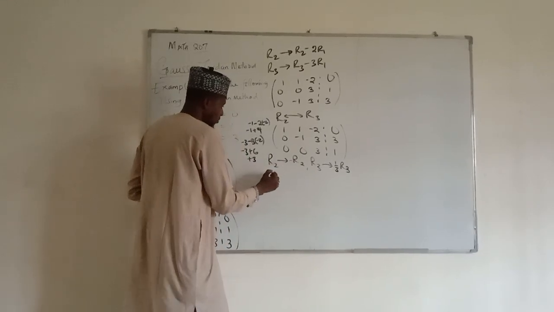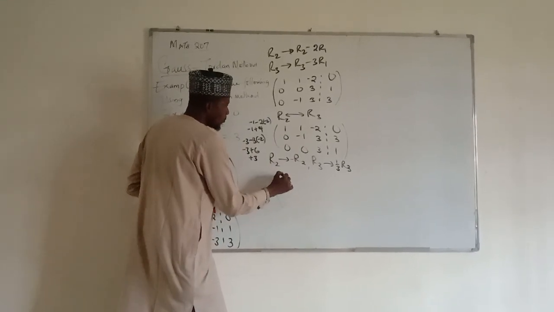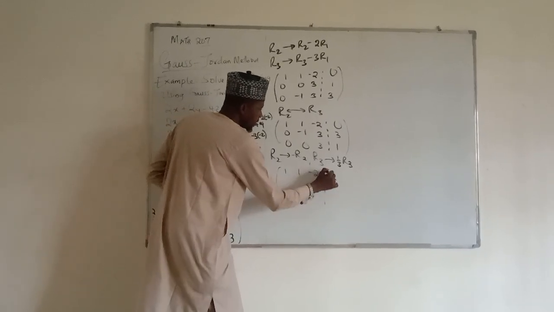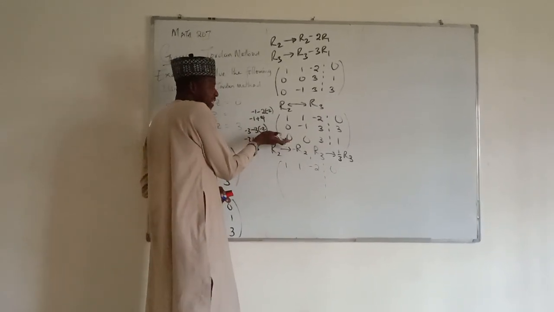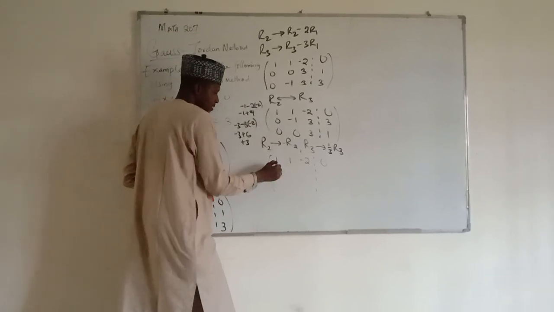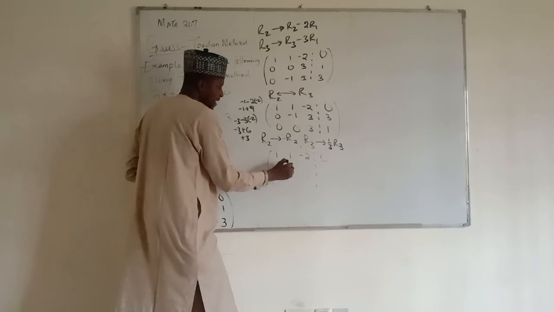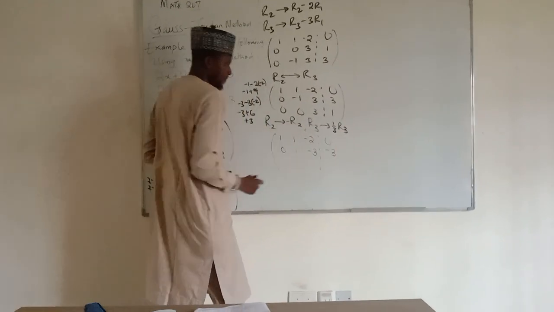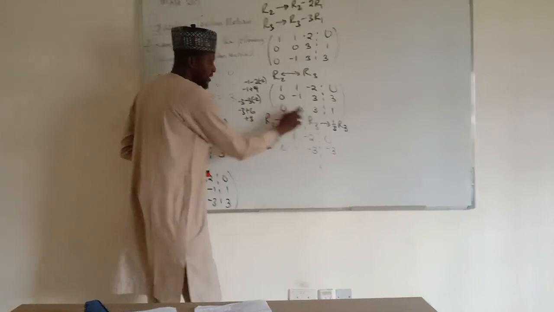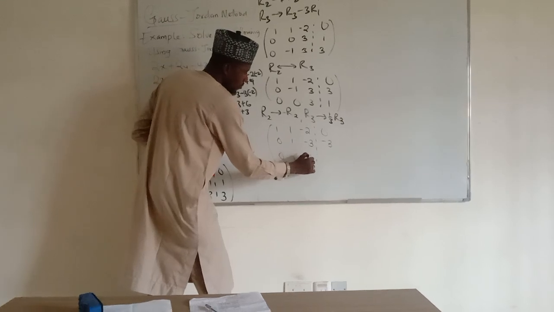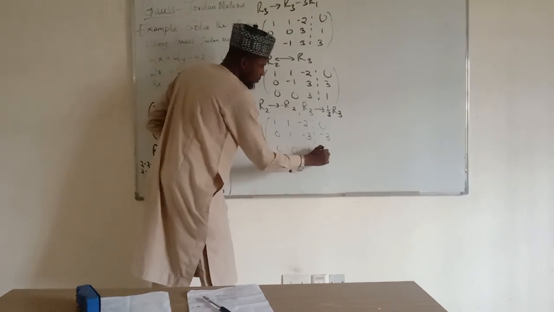So this one is going to be 1, 1, minus 2, 0. Then R2 is going to be minus 0, minus minus 1 is 1. This is minus 3, minus 3. Then for R3, we divide through by 3. So we have 0, 0, 1, and this is going to be 1 over 3.